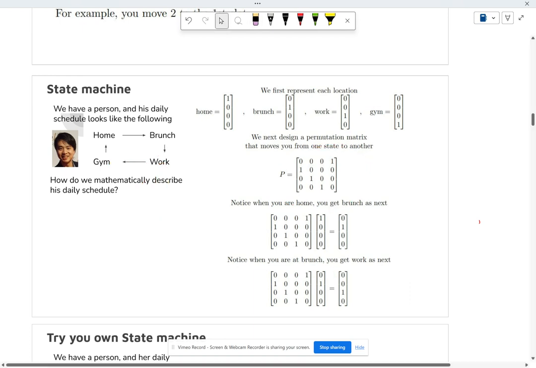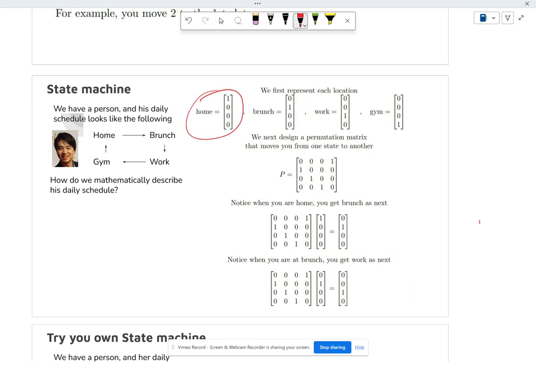Okay. Now, for a long time, when I was younger, in college, I remember trying to solve a Rubik's cube, and what I did was I represented a specific orientation of a Rubik's cube as one of these vectors. Each one of them would mean a different orientation.